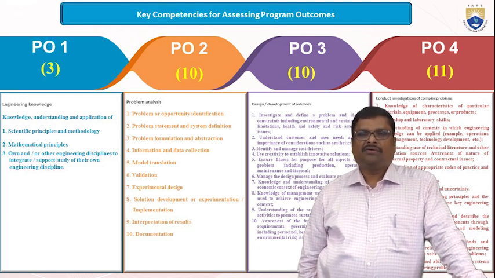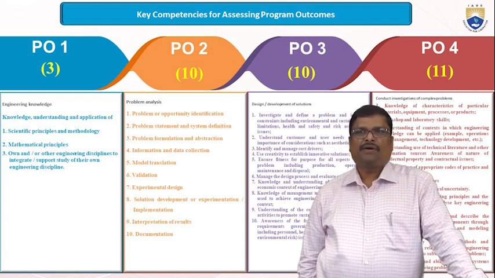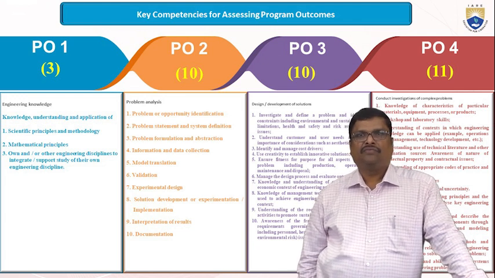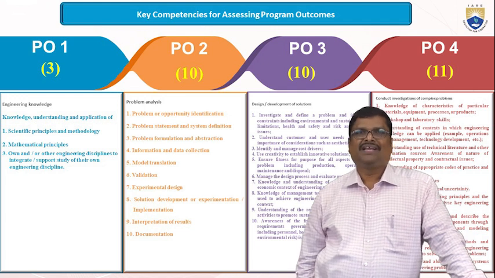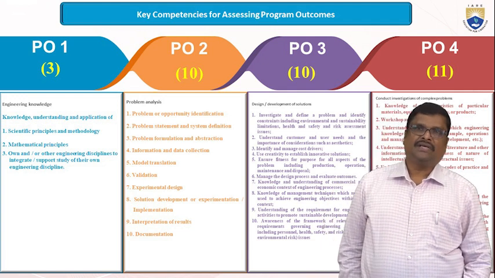Then, as per the outcome-based education framework of IRE, for each program outcome, we need to define the key competencies, which will be helpful to give the weightage. For example, for PO1, engineering knowledge, we have defined 3 key competencies.